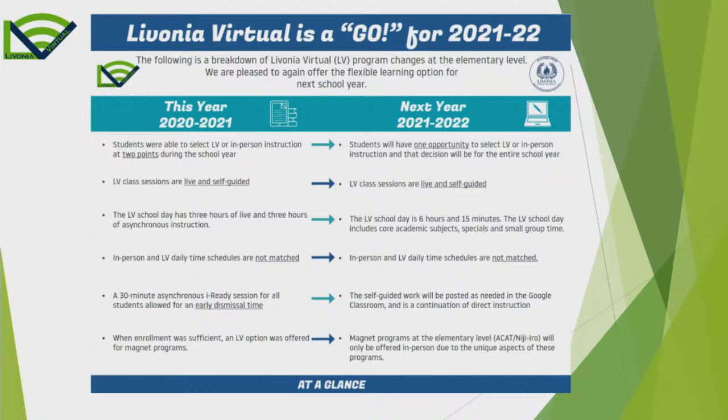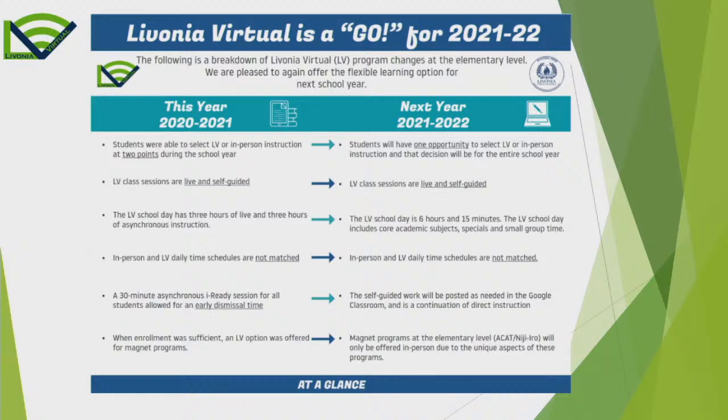Those programs were designed with specific functions and specific characteristics that, based on feedback this year, we cannot replicate for those families. So this graphic that you will see here will be something that families that want to elect to go into Livonia Virtual would see in their application process.